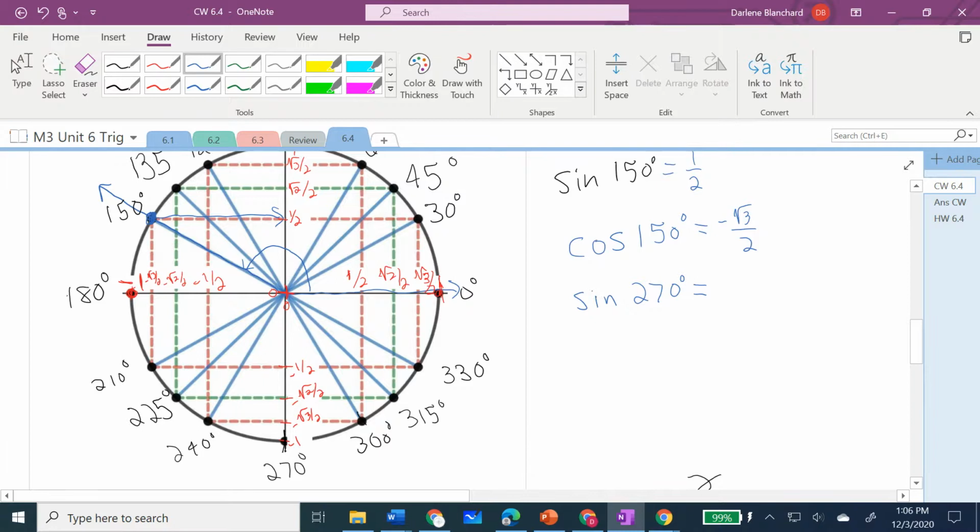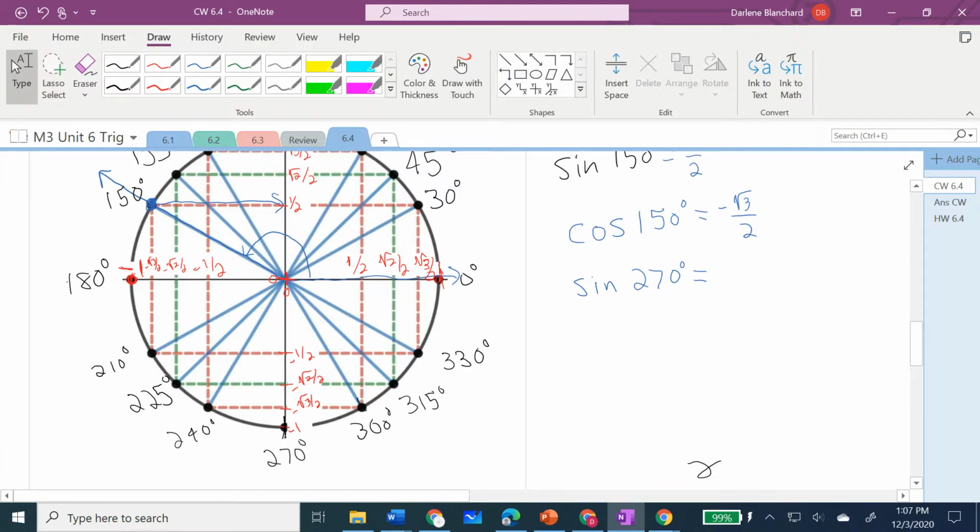Anyone who thinks they know the answer should type it in. When you find where 270 degrees lands, again, the initial side is the positive x-axis. You turn for 270 degrees and land here. It intersects the unit circle at an xy coordinate. The sine is the y coordinate of that point, and I see a lot of correct answers there, -1.